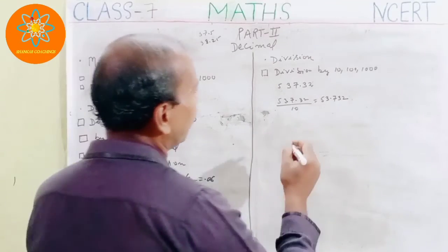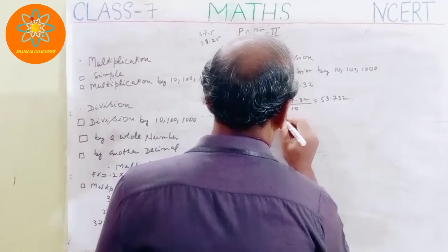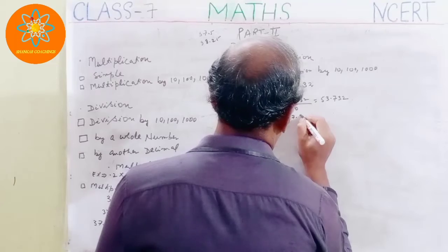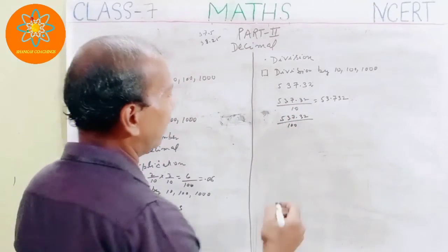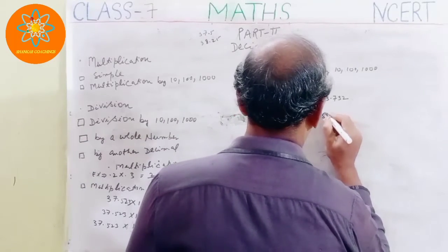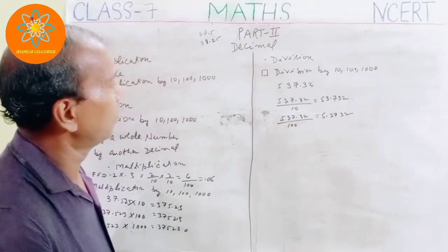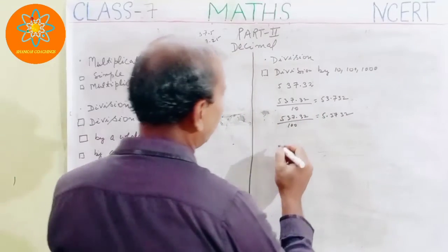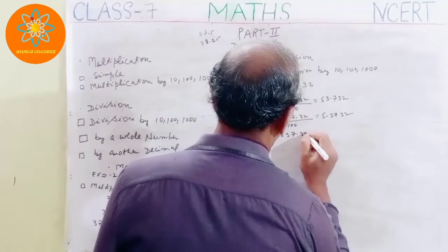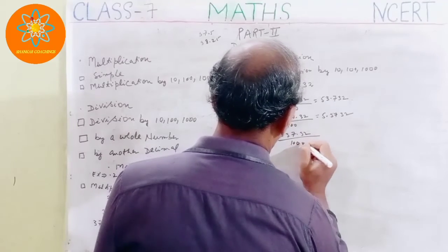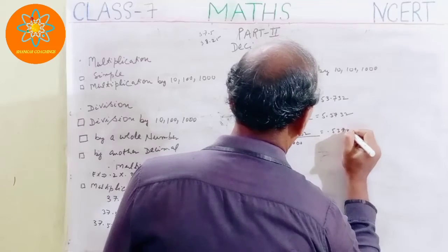And if I divide this number by 100, how much will I get? 5.3732. Now if I divide 537.32 by 1000, this is equal to 0.53732.